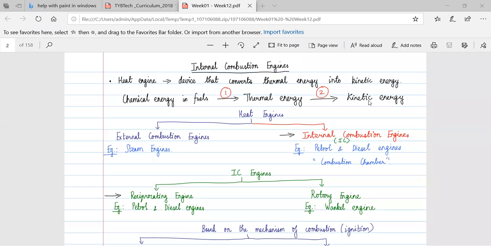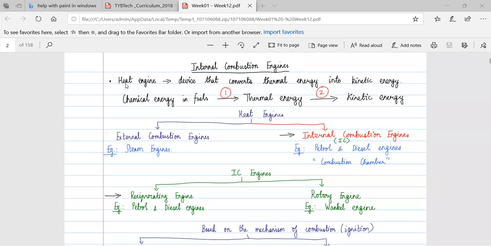So this is a two-step process: the chemical energy in fuels, meaning gasoline, is ignited and converted into thermal energy, meaning heat, and that heat is used to drive the crankshaft.